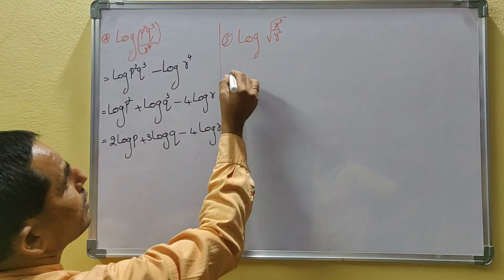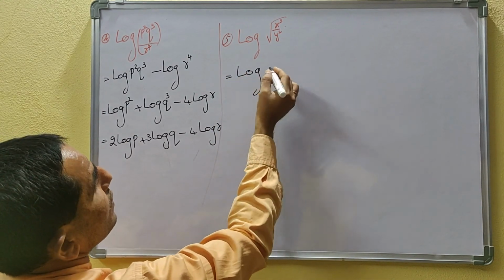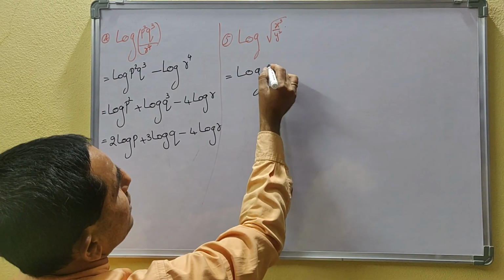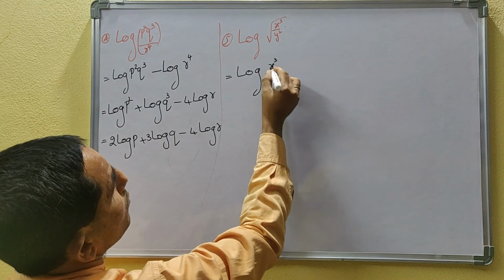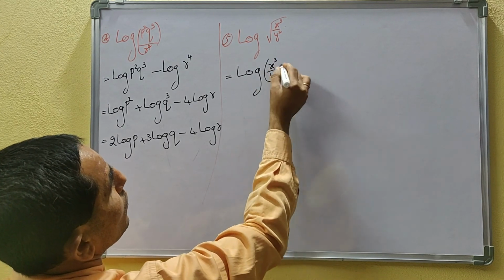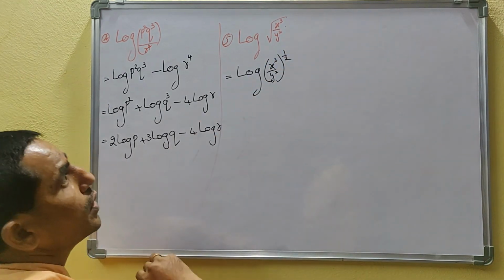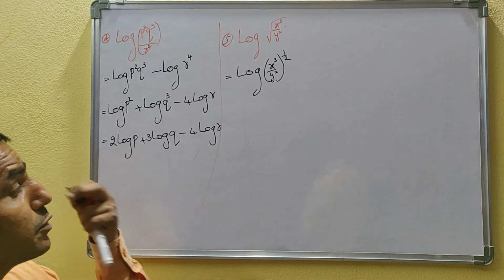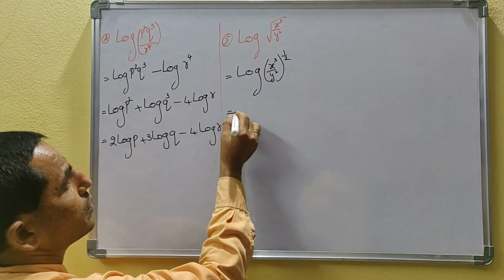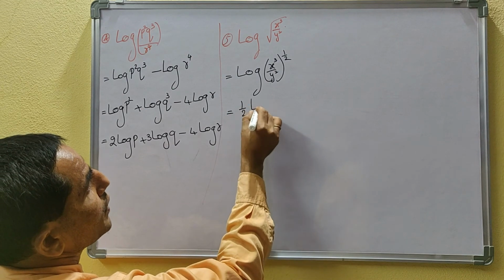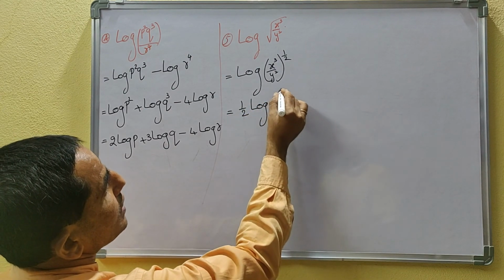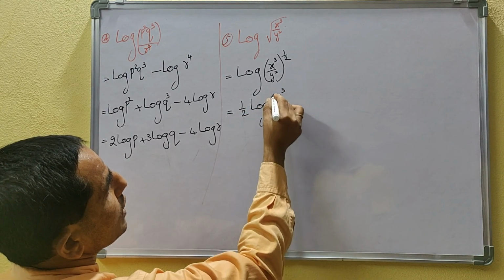First of all, root can be written as the power of 1 by 2: x cube by y square whole to the power of 1 by 2, which is equal to 1 by 2 into log of x cube by y square.